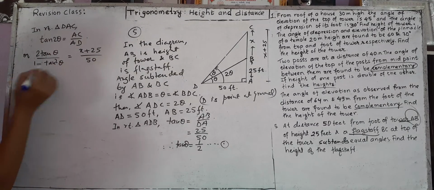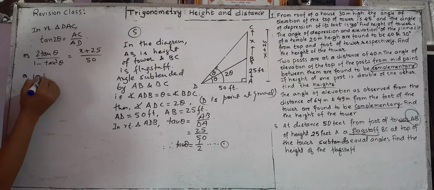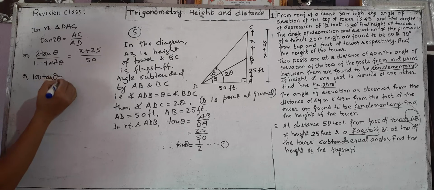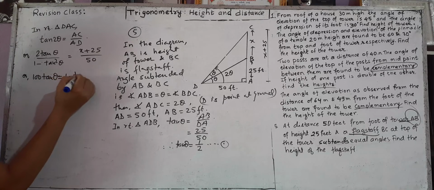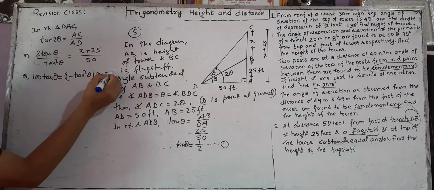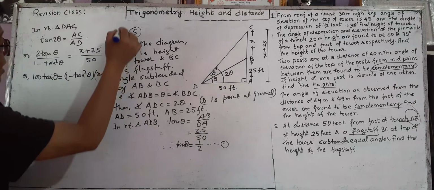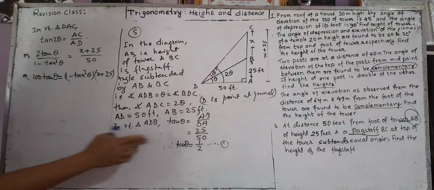Now by cross multiplication we get 50 times 2 tan theta, that is 100 tan theta, equals 1 minus tan square theta times x plus 25. Why are we doing this instead of putting the value first?